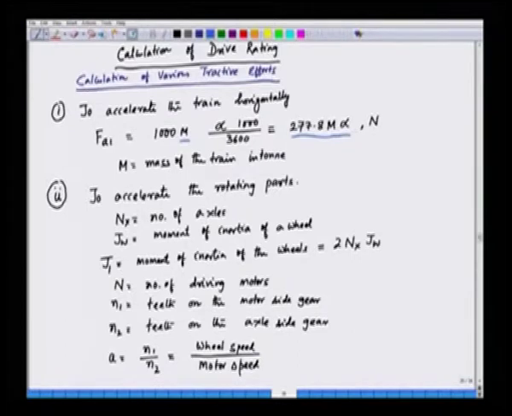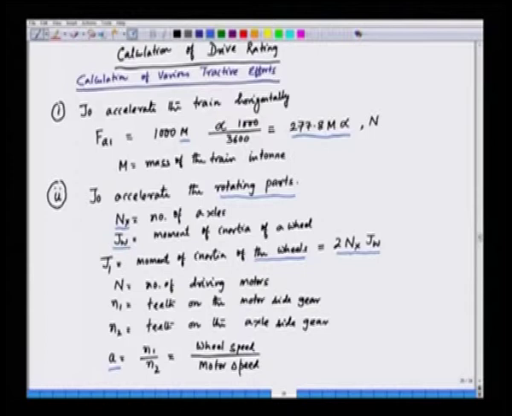And then to accelerate the rotating parts of the train, we have the wheel, the moment of inertia of the wheel, and we have nx number of axles. So we have 2nx number of wheels. So this is the total moment of inertia of the wheels. And then we have the gear ratio A, which is N1 by N2.